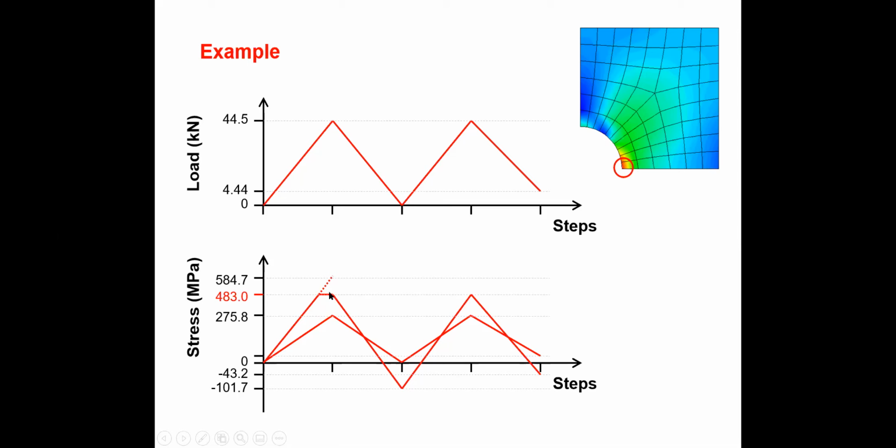It will be saturated, and when the compressive load is applied, that means with the alternating load. So what do you mean by saturate? Do you mean that the force distributes, or that even though it should reach 584, it will not go to 584? It will remain at 483. The stress around this point will remain at 483.